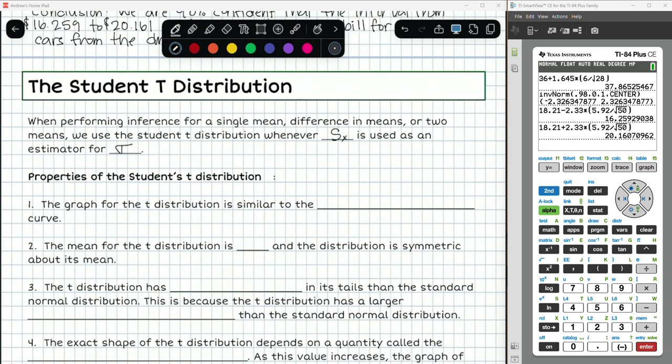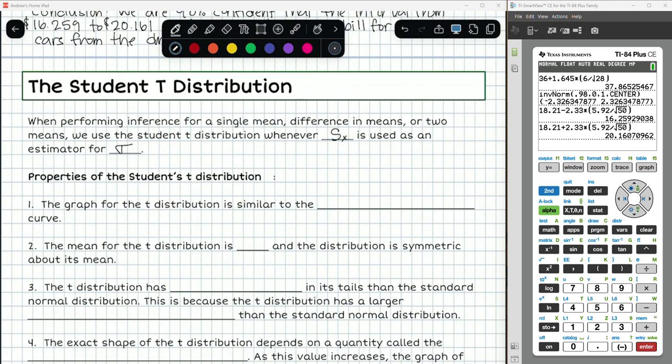When I know the population standard deviation, I know how variable the population data is, I use the standard normal. If I don't know the variability of that population data, I don't have a value for sigma, then I'm using the student t distribution.